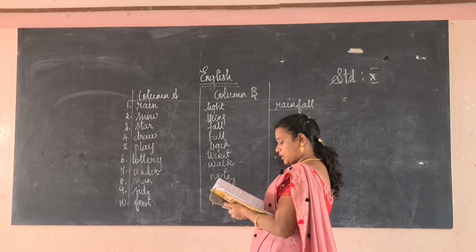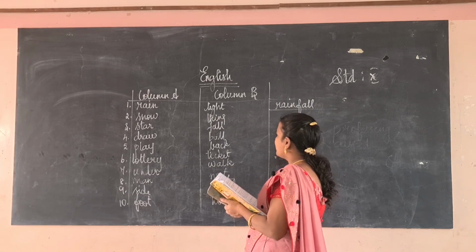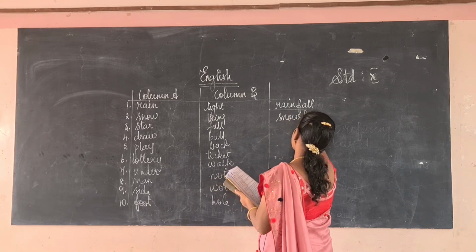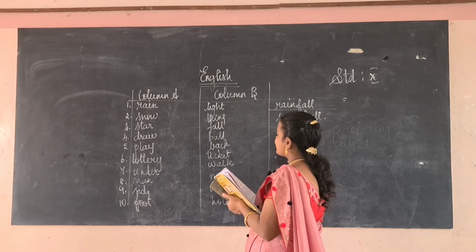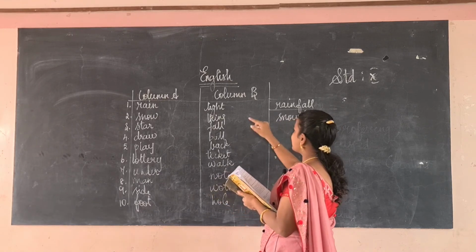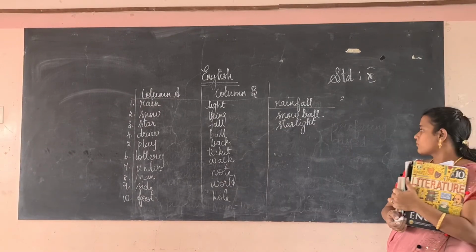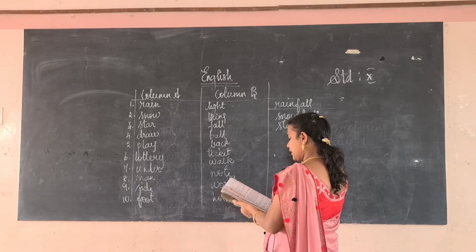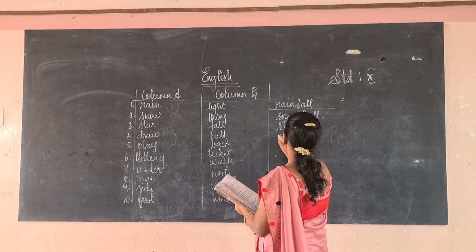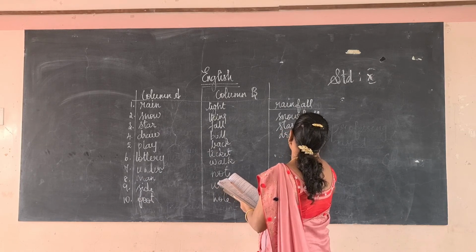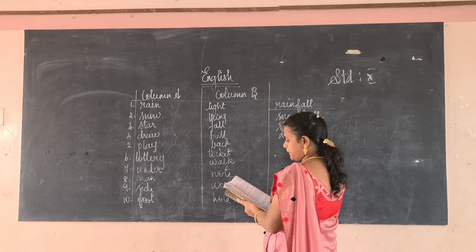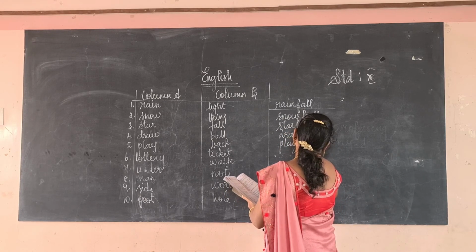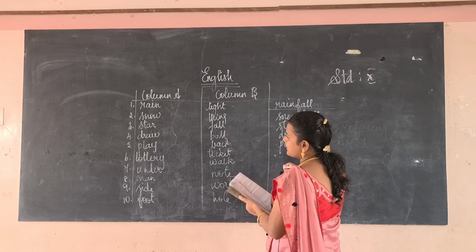Next snow, snowball. Next star, we will write starlight. Okay. Next the fourth one they had given, draw. For draw we will write drawback. Draw back. What is the fifth one? Play. For play we will write plaything. And the sixth one, lottery.